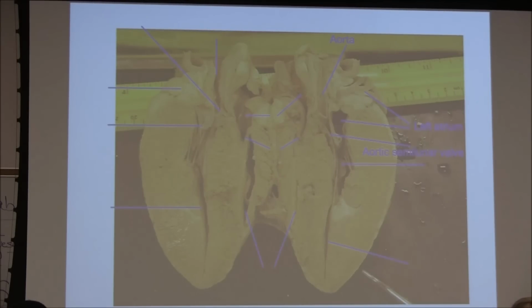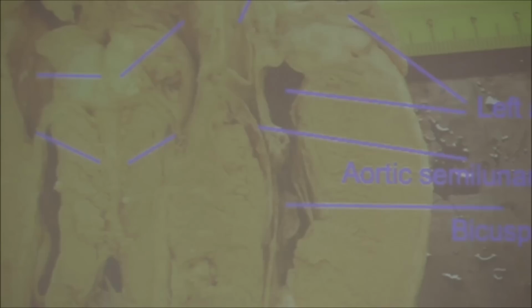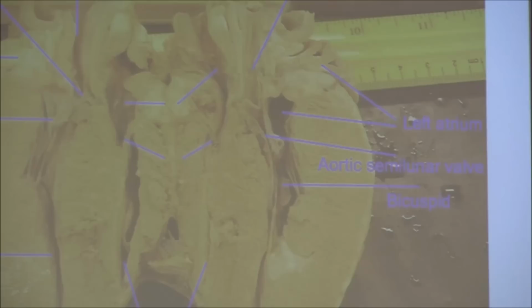Which would make this guy your bicuspid, because the bicuspid is on the left. Your aorta is right here. This is your aortic semilunar that connects your ventricle to your aorta.